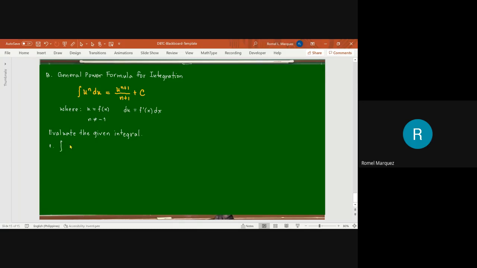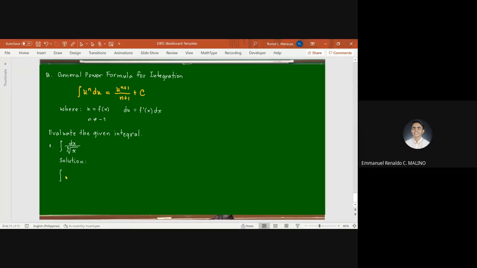What is the first thing to do? Go to a fractional exponent, and then bring it up. Yes. So it means x to the 1/5, and when you bring it up, it becomes x to the negative 1/5. Is that right?